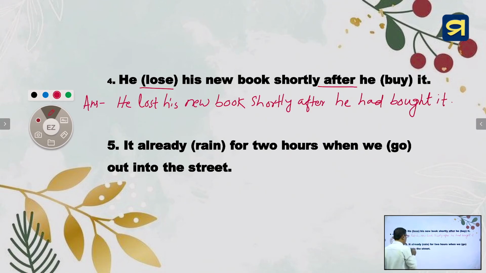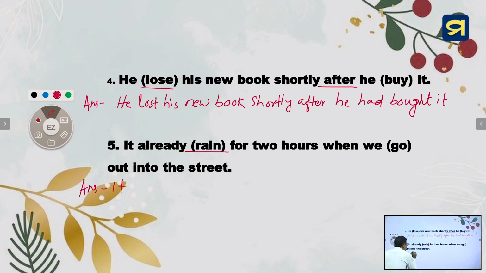Last one. It already rained for 2 hours when we go out into the street. Which action took place first? Very good. Rain. That means we will write this verb in past perfect tense.